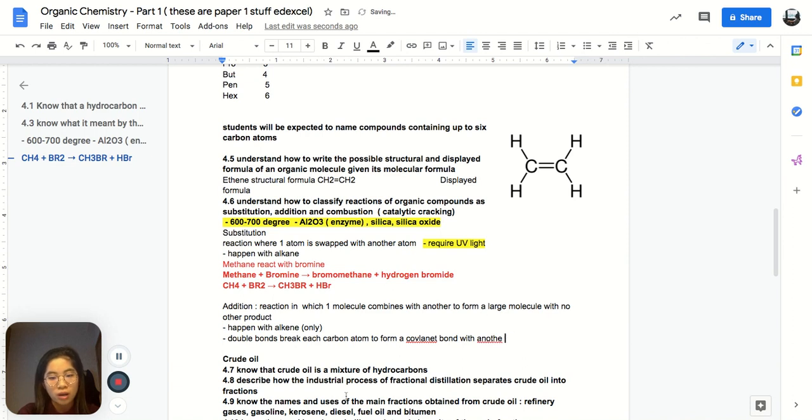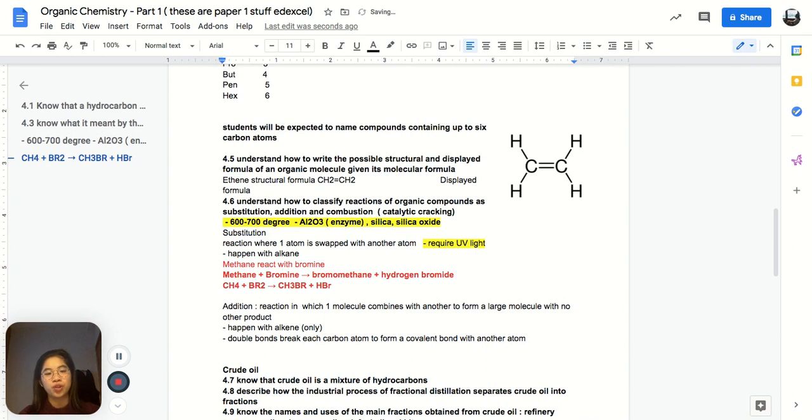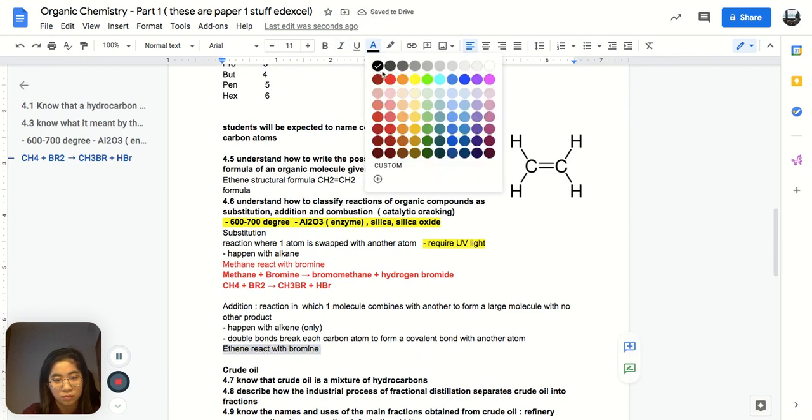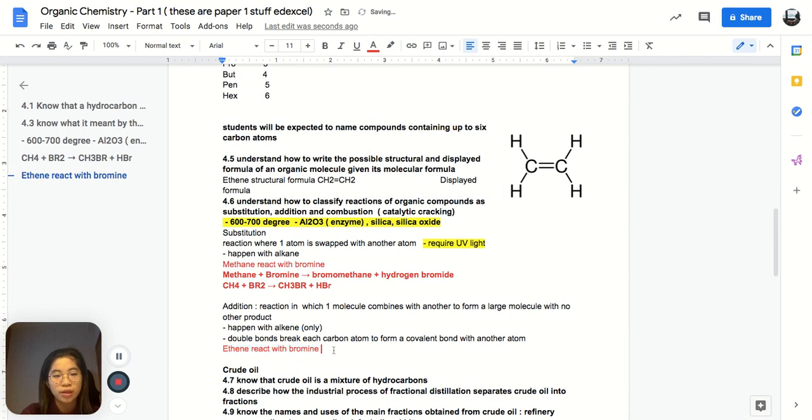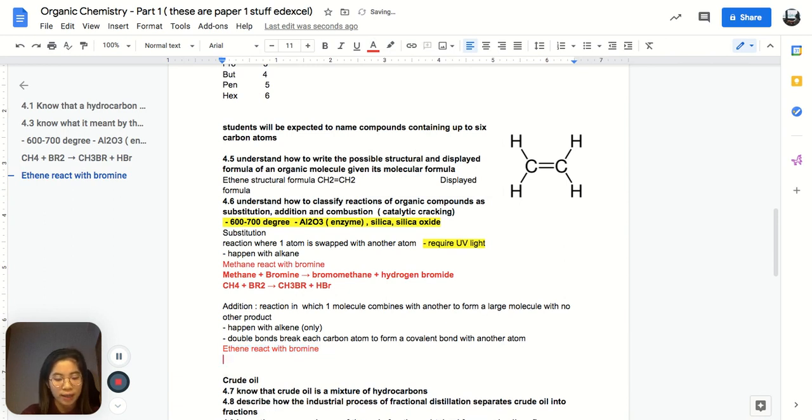So addition is the only one that has this power to break the double bond into a single bond. And you guys would know what I meant when I talk about the example now, which is ethene reacting with bromine.